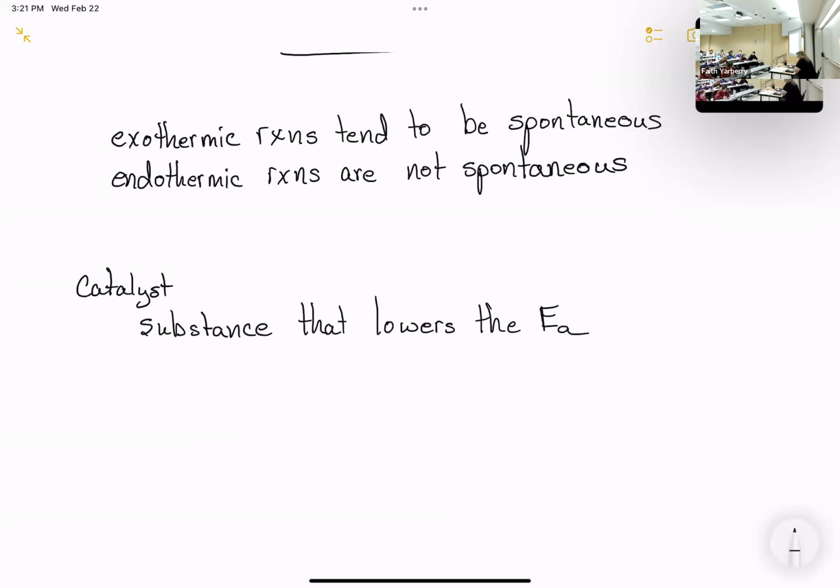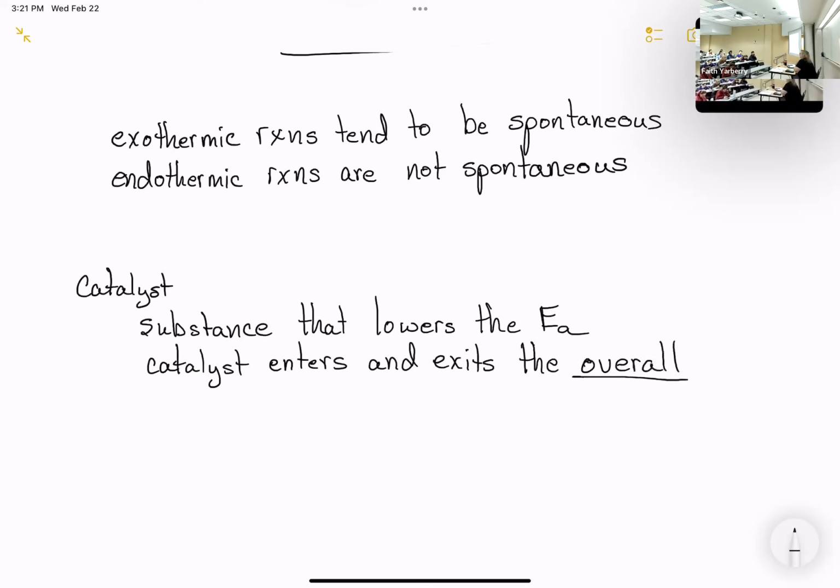So a catalyst enters and exits the overall reaction. Yes, I'm using this word overall on purpose. It enters and exits the overall reaction and appears exactly the same. It's unchanged.